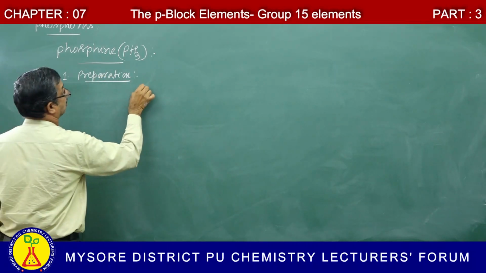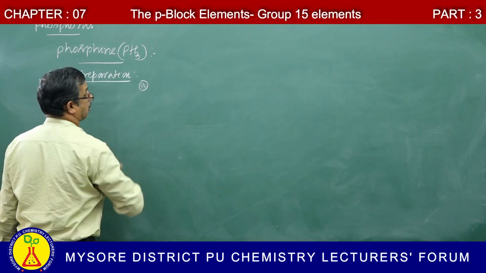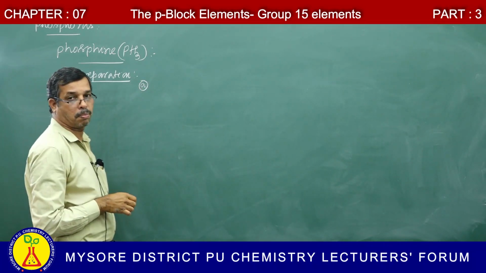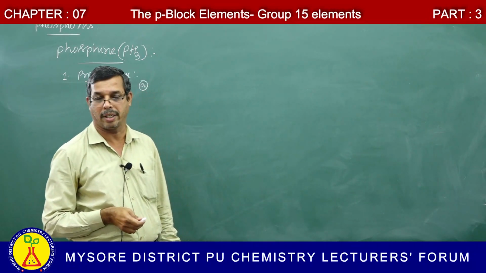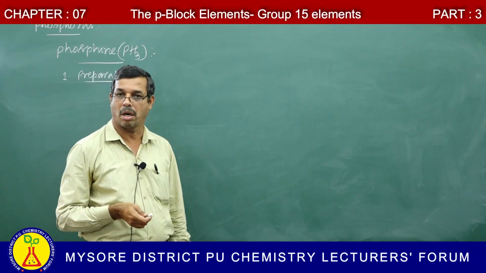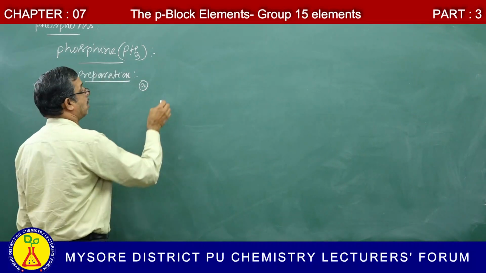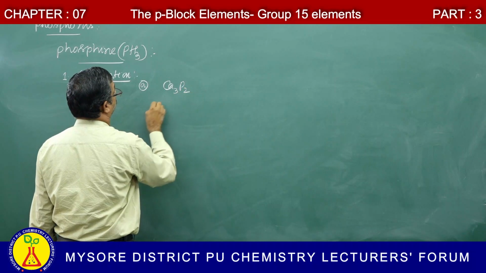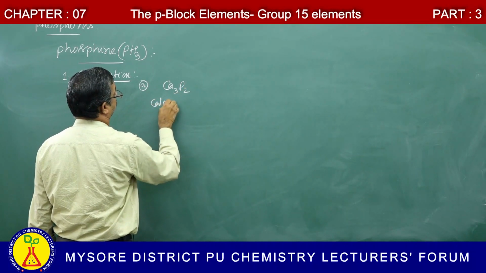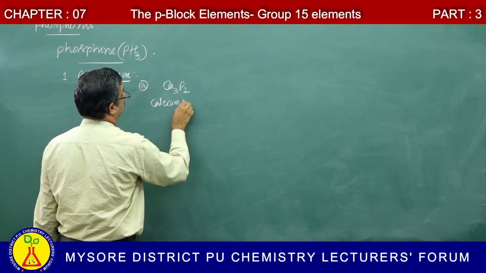Phosphine can be prepared by the action of calcium phosphide with water or dilute HCl. Calcium phosphide, Ca3P2.